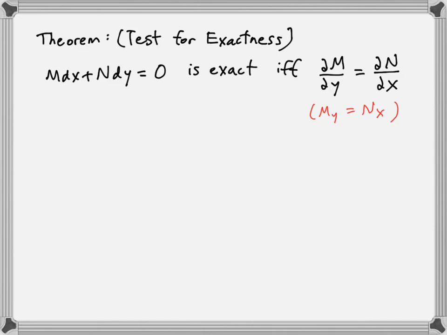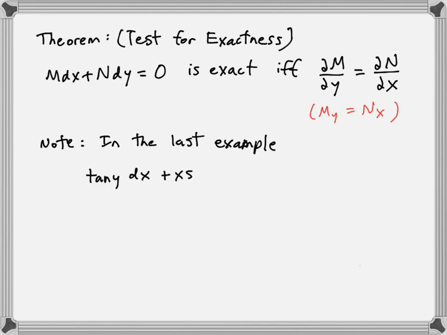So let's look at that last example. Remember our problem in the last example was tan y dx plus x secant squared y dy equals 0.